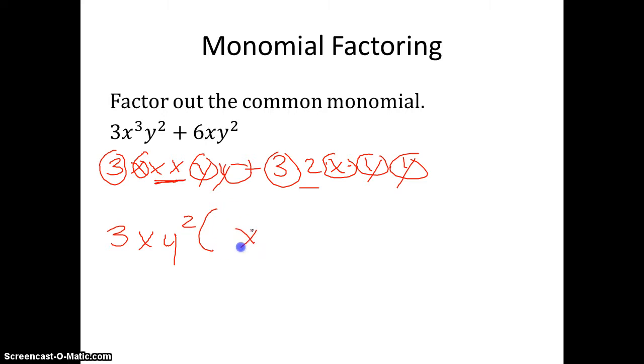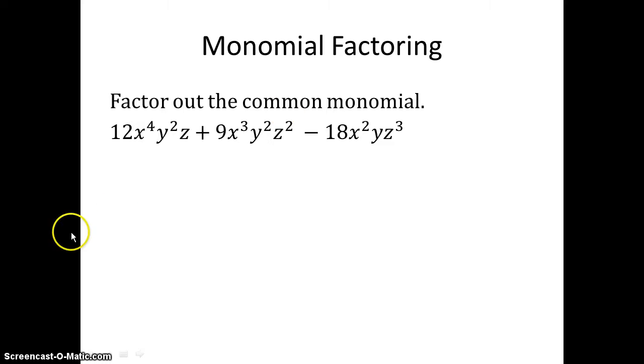I have an x squared, don't forget your plus 2. And now everything has been factored out that I can factor. Yep, cool, check. And that's it. That's your factoring out a common monomial.